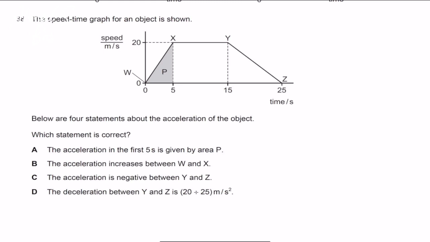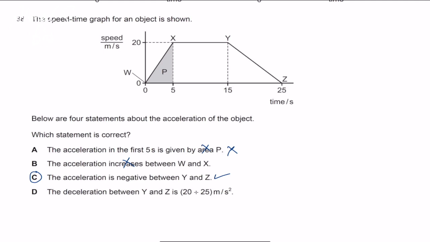The acceleration in the first 5 seconds is given by area P. No, area here is wrong. The acceleration increases between W and Z. Between W and Z, the acceleration is constant. Increases here is wrong. The acceleration is negative between Y and X. Between Y and X, the slope is negative, so the acceleration is negative, and the body is decelerating. So I'm going to choose C.